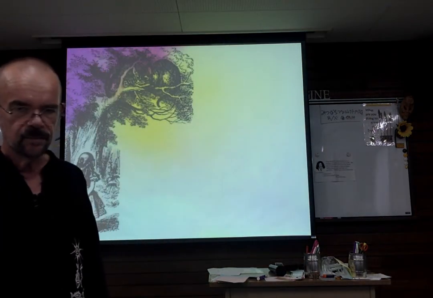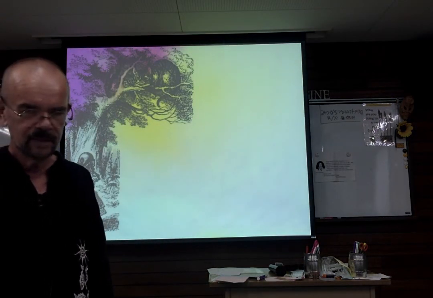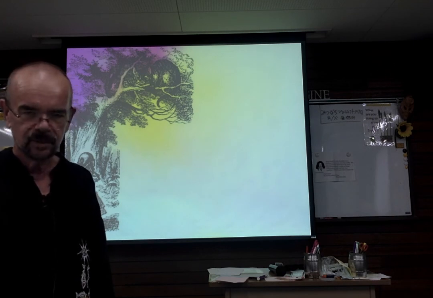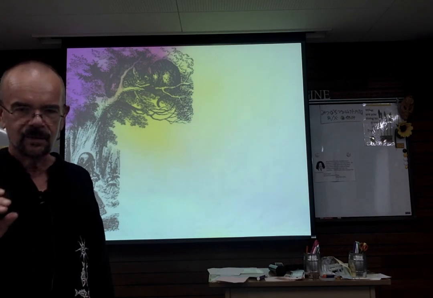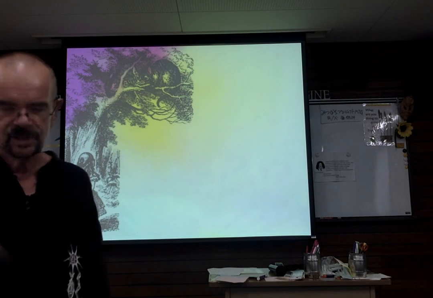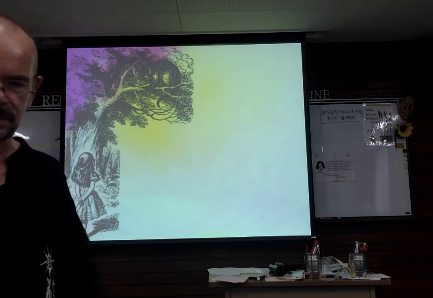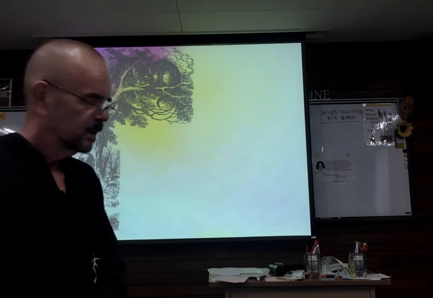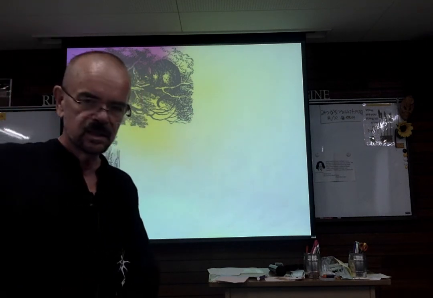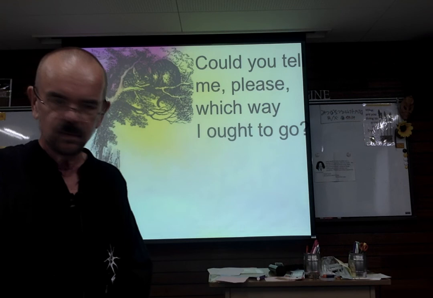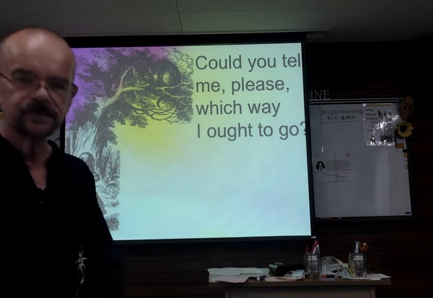And one is from Alice in Wonderland, which I'm sure you know, the book. There's that scene where Alice is in Wonderland. She's tired. She's lost. And she comes across the Cheshire Cat. And she says, "Could you tell me, please, which way I ought to go?"